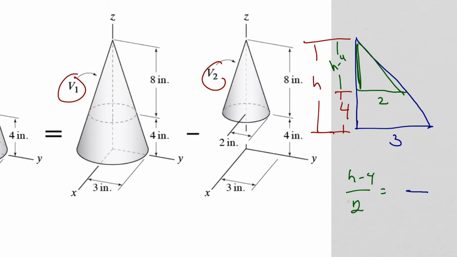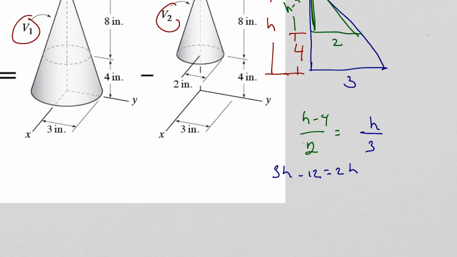So if we do that, we have h minus 4 over its radius of 2 is equal to, I'm sorry, for the large triangle we have h divided by 3. We can then solve for h, right? We will get 3h minus 12 equals 2h, sorry, and then we can solve for h, and h will equal 12.